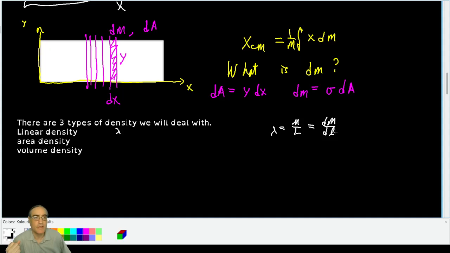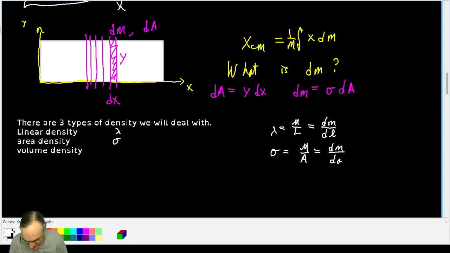You'll notice I'm using lowercase usually for variable things, for infinitesimals, and I'm using uppercase generally for the constants. Okay, area density, which is sigma. Sigma is the mass over the area, or it could be dm over dA.